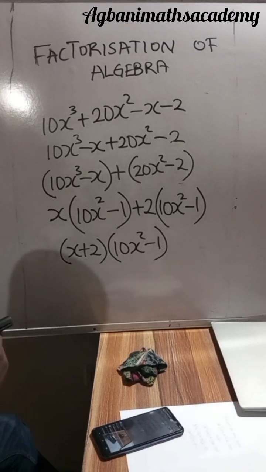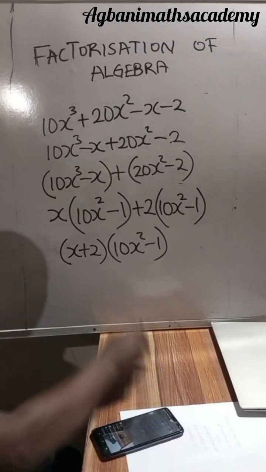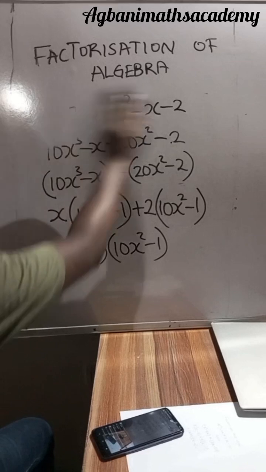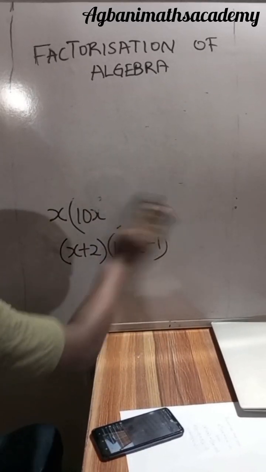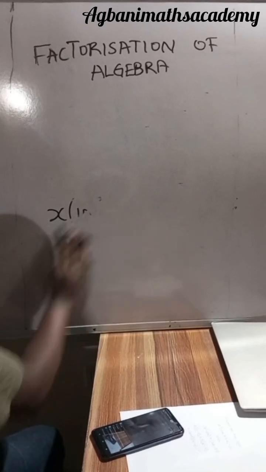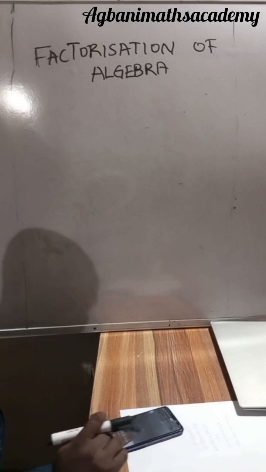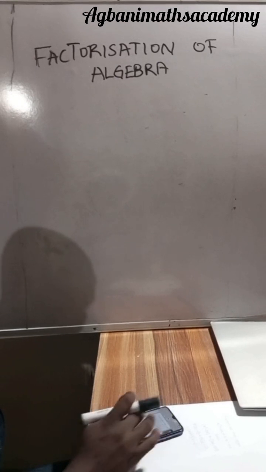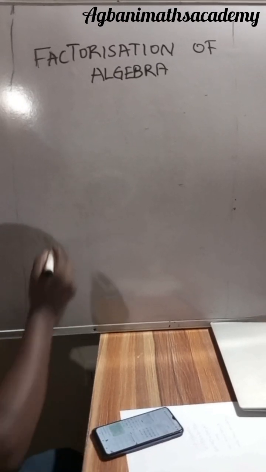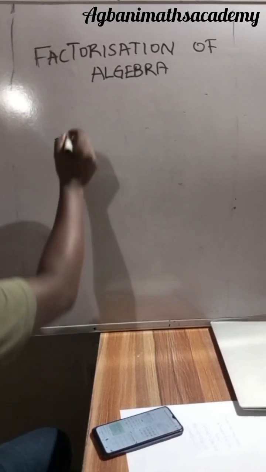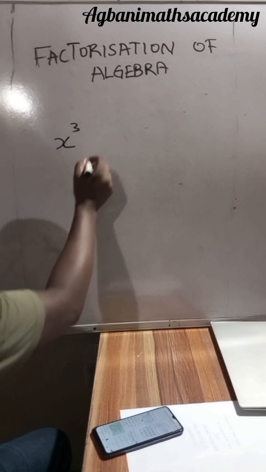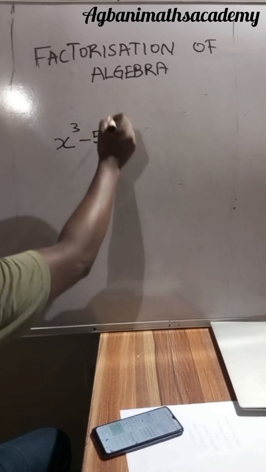It's very simple. So let's have one class work. Let's see who is going to get the answer the fastest. Okay, so we have x raised to the power 3 minus 5x raised to the power 2 plus 5x minus 25.